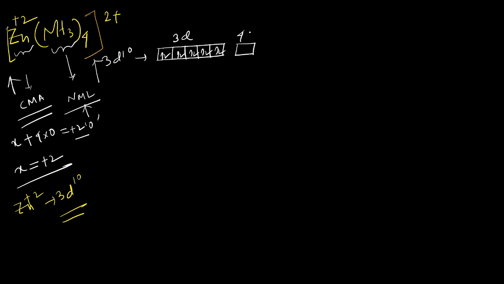The 4s orbital is empty, and all the 4p orbitals are empty here. When 4 NH3 come to bind with Zn2+, each donates its lone pair of electrons to the one 4s orbital and three 4p orbitals, like this.